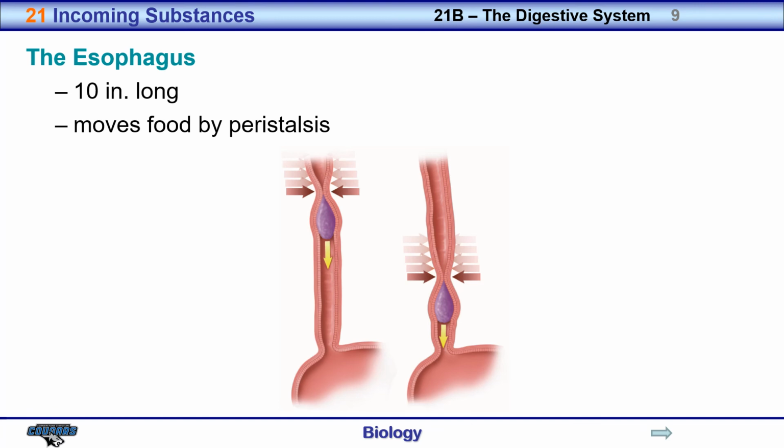Sometimes if you've swallowed something a little bit bigger, you can actually feel it going down your esophagus. But it pinches behind the bolus, and then that wave of pinched area continues on down, and behind it the esophagus relaxes again.